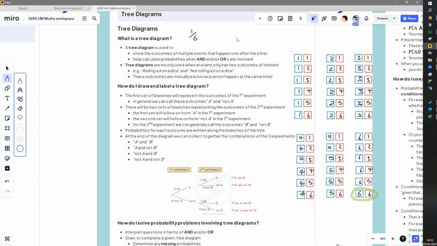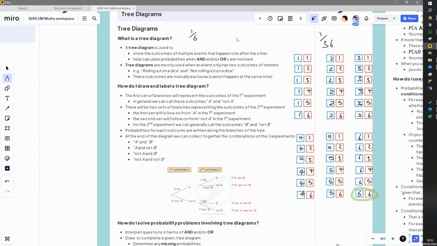Just to be clear, one of the squares is not an outcome. Both of them together would be one outcome. So we've got six lots of six, so we can see that there are 36 possible outcomes.